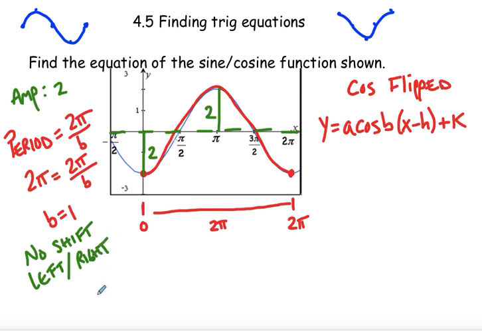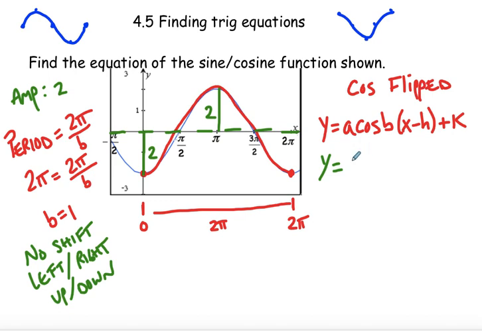And then is there any shift up or down? Is the whole thing moving up or down? And in this case, no. And you can tell that the midline, since that's on the x-axis, indicates there's no shift up or down. So basically, in our formula, there's going to be no h and there's going to be no k.